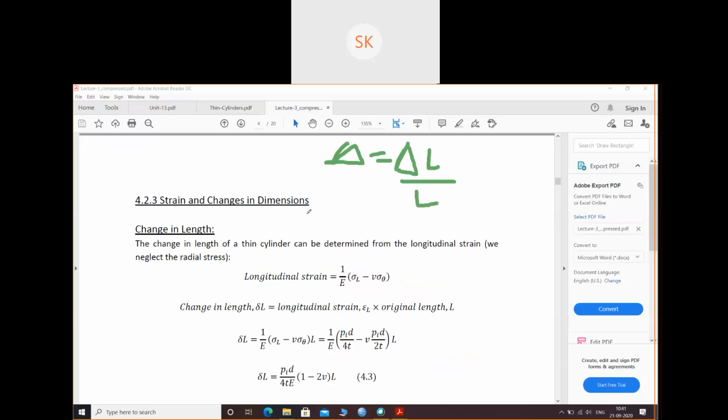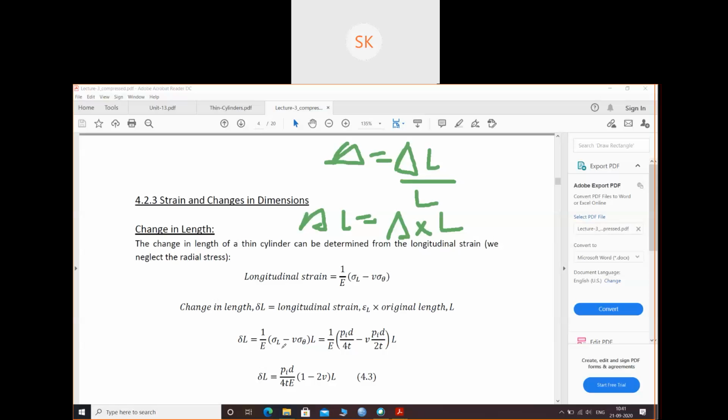So if you want the change in length, it is strain times L. The strain is 1 by E times sigma L minus Poisson's ratio times sigma theta, multiplied by the original length L. Now put the values of sigma L and sigma theta in this formula, and you'll get the final formula.